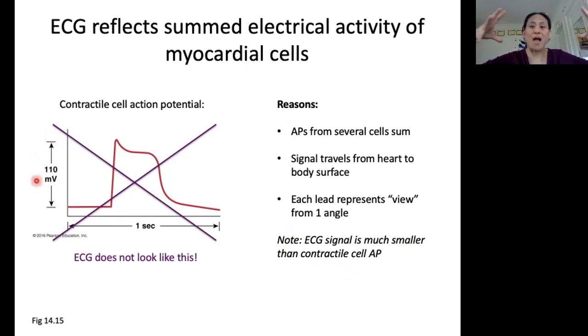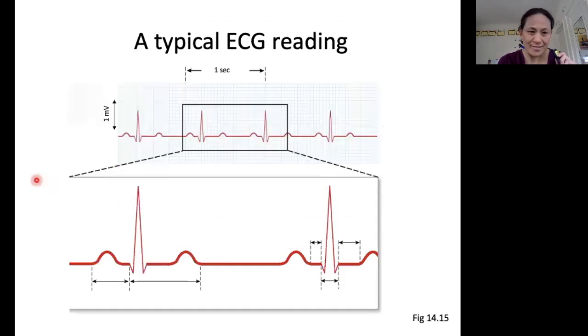It travels to the body surface, and as it does that, it degrades, so we get something that looks like this. If you look at that scale, 1 millivolt, that is a lot smaller than 110 millivolts.